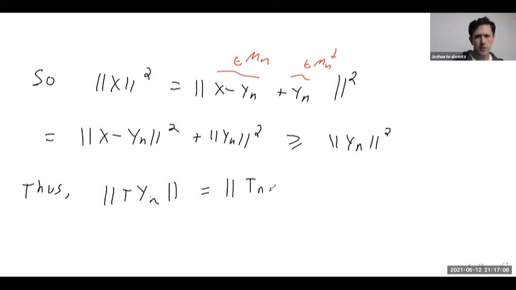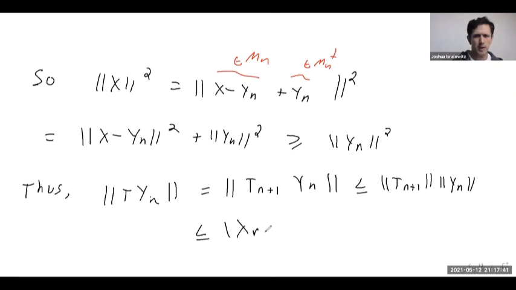So it's going to be equal to T_{n+1} y_n. So this is less than or equal to the norm of T_{n+1} times the norm of y_n. Well, the norm of y_n is less than or equal to the norm of x. This is equal to lambda_{n+1}.